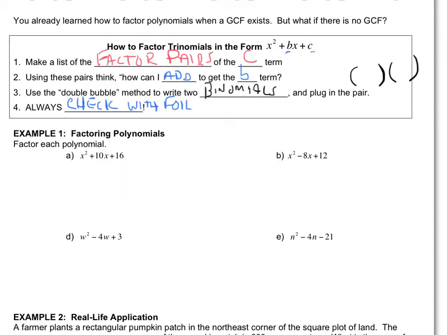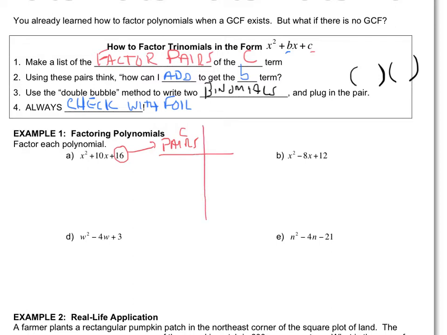Here we have a polynomial, x squared plus 10x plus 16. Step 1 says, let's find the factor pairs of C. My C term is the 16. How can I make 16?